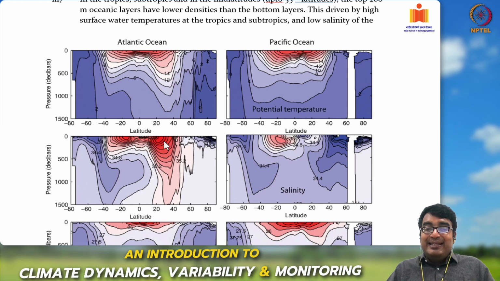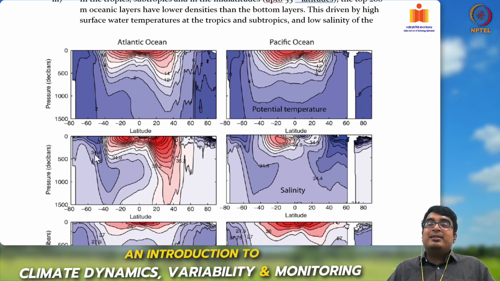Okay. And in the Atlantic, in some regions, especially in the South Atlantic subtropical region and the North Atlantic subtropical region, the salinity is quite high, even up to 1500 meter depth. So even at the bottom of the thermocline, salinity is reasonably large.